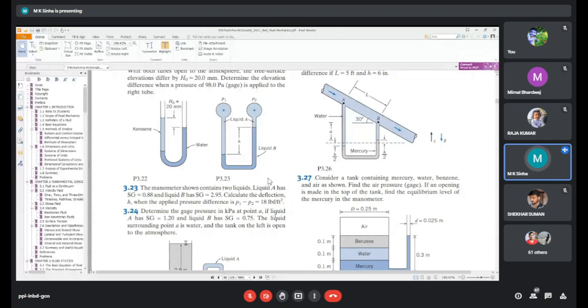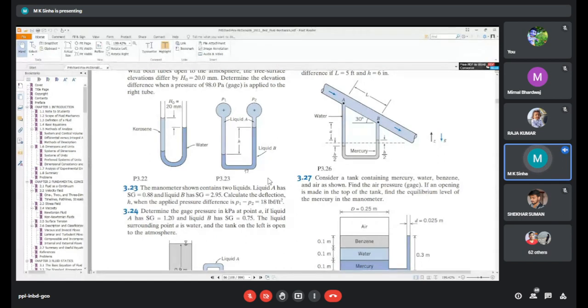Then see problem number 3.23. The manometer shown in the figure contains two liquids.